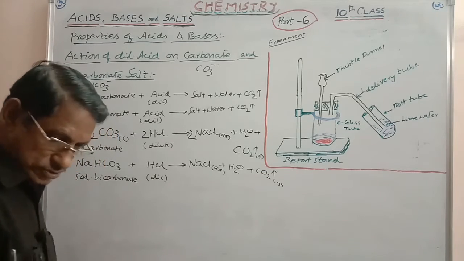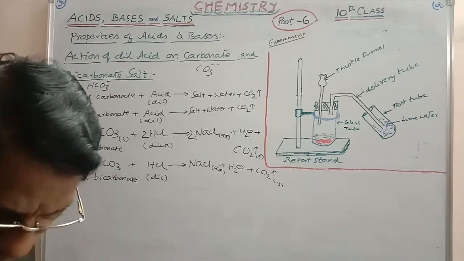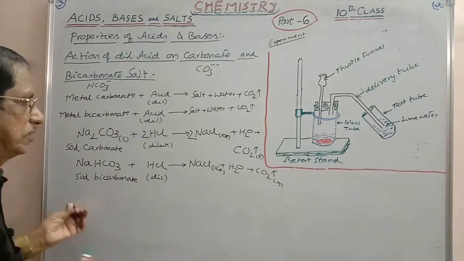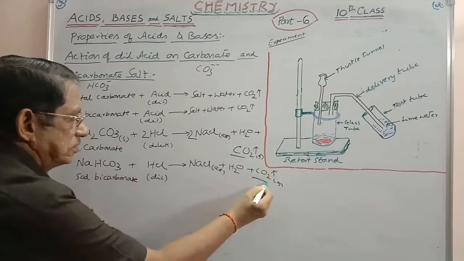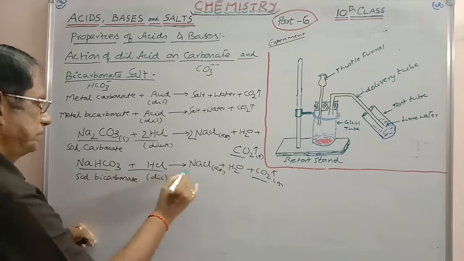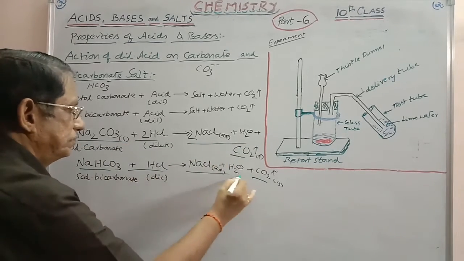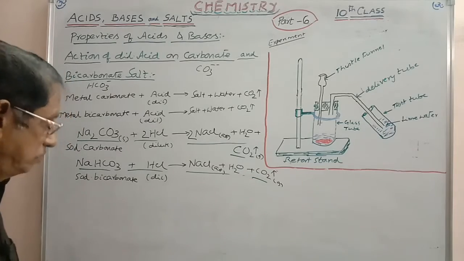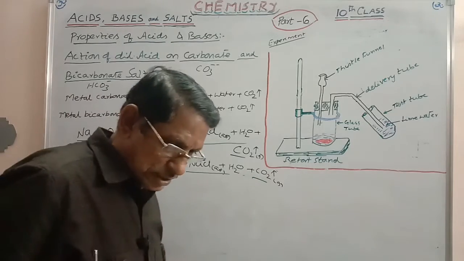In both these cases, as observed here, carbon dioxide gas is obtained. This is the equation you have to take into consideration. In both the cases, only carbon dioxide is obtained.